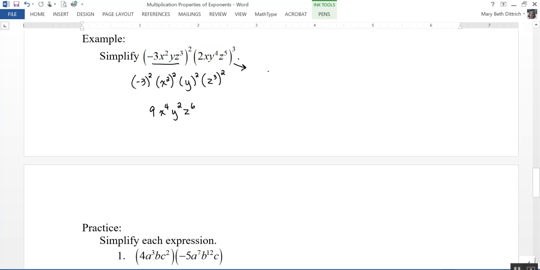Let's do this one here. So this is going to be 2 to the third power, x to the third power, notice I'm raising each of those terms to that power, y to the fourth to the third power, and then z to the fifth to the third power. That's going to give me 8, x to the third, y to the, multiply the exponents, 12th, and then z to the 15th. So now I have to multiply this by this.